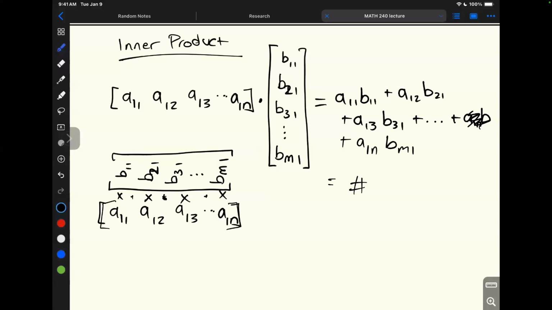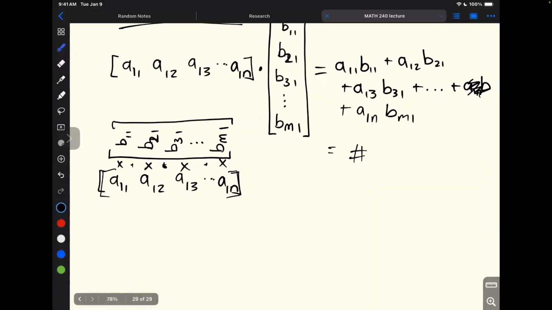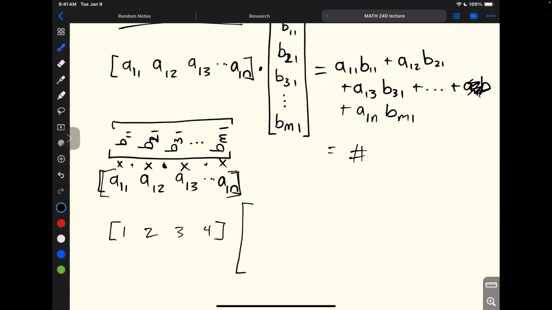Let's see an example. So let's say we're multiplying 1, 2, 3, 4 by a vector 5, 6, 7, 8. So that's going to be 1 times 5 plus 2 times 6 plus 3 times 7 plus 4 times 8.